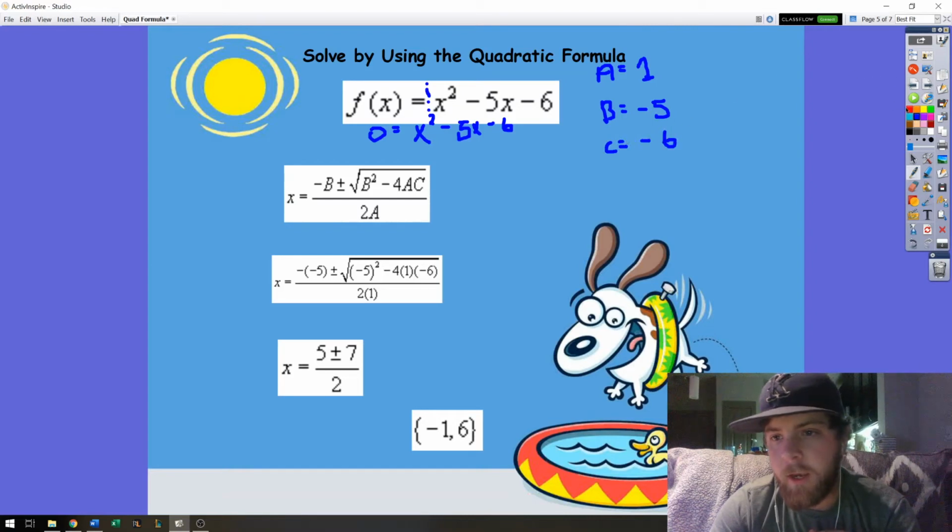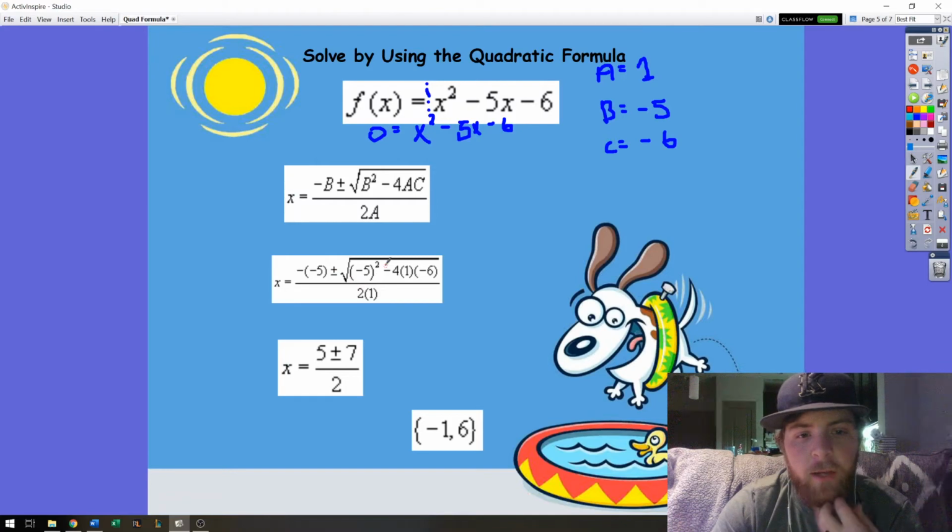Okay, so I go ahead and plug all those into my formula. Negative b plus or minus the square root of b squared minus 4ac all over 2a. So negative b, so negative 5, which ends up being positive 5, plus or minus the square root of negative 5 squared minus 4 times a, which is 1, times c, which is negative 6, all over 2 times a.